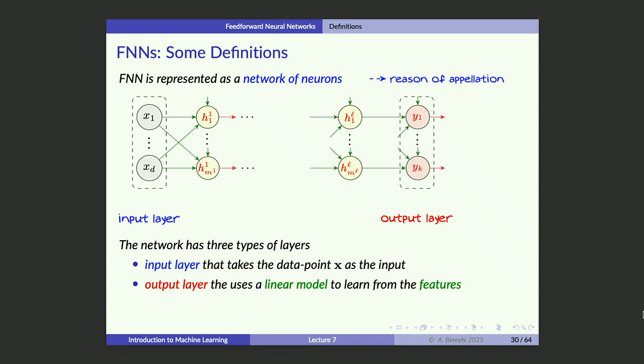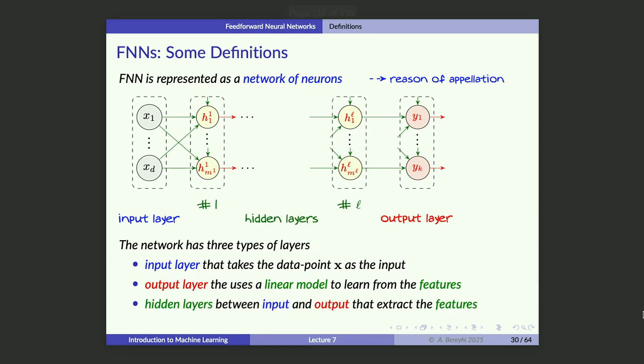And anything in between, those layers of neurons, we are going to call hidden layers because they are somehow hidden to us. They are within the embedding function. It's true that we opened it up here, but we can think of it as a kind of black box. So that is a hidden layer. Clear? So how many hidden layers do I have here? L different hidden layers. Great.